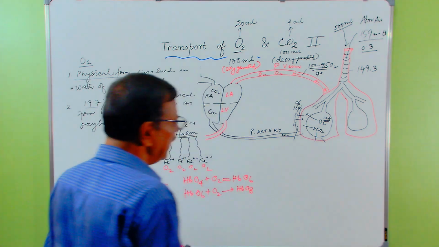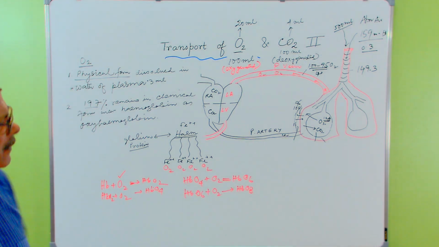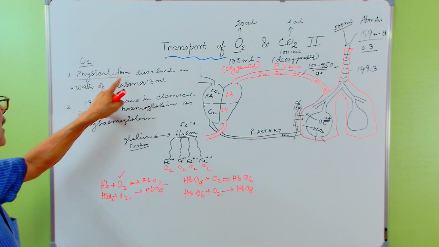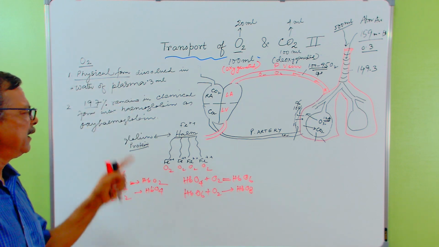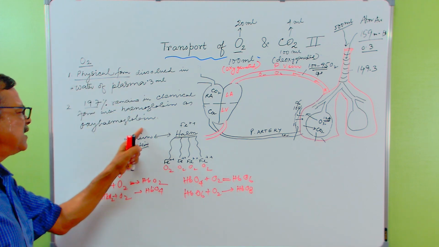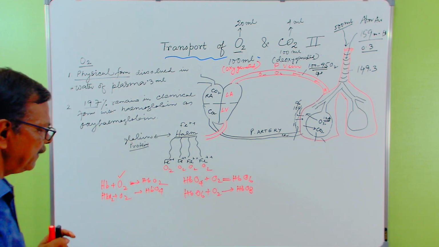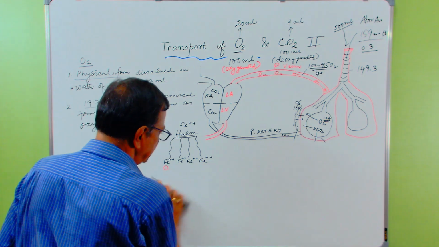Now how is carbon dioxide carried? That is a little bit difficult, but not that much. It is very easy because in physical form it gets dissolved, and in chemical form it remains with hemoglobin. Clear? Now CO2.